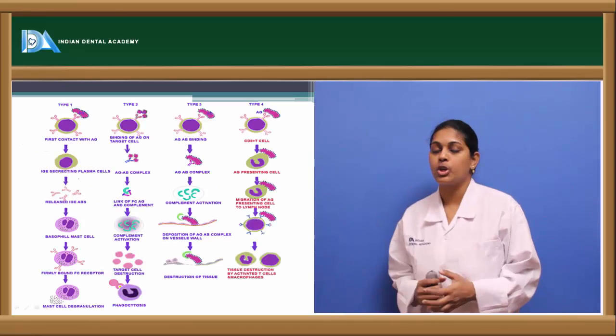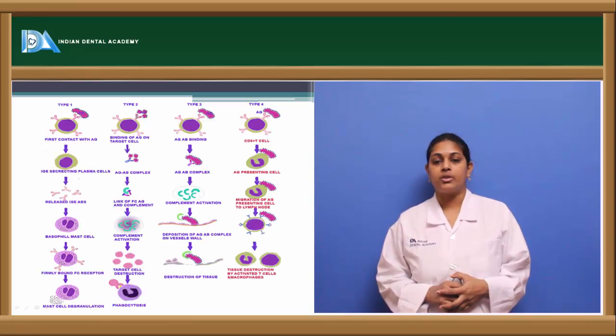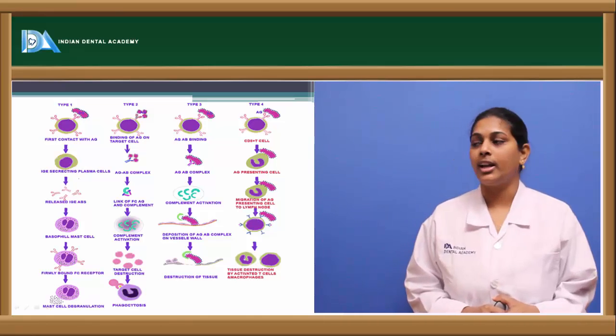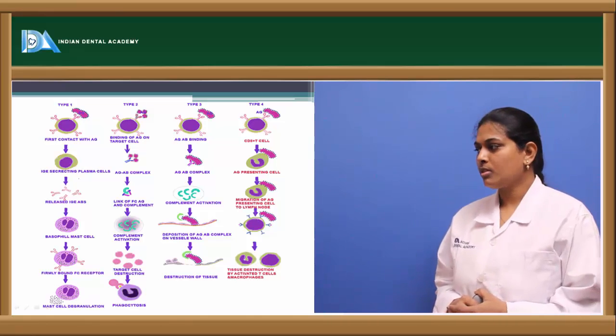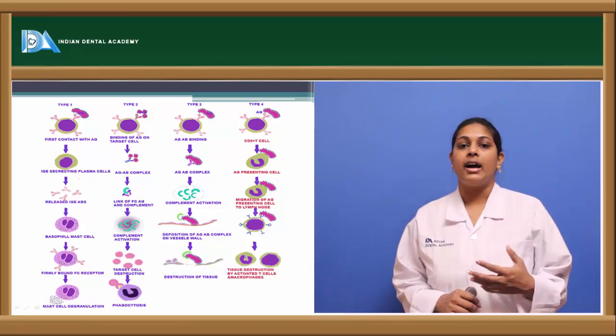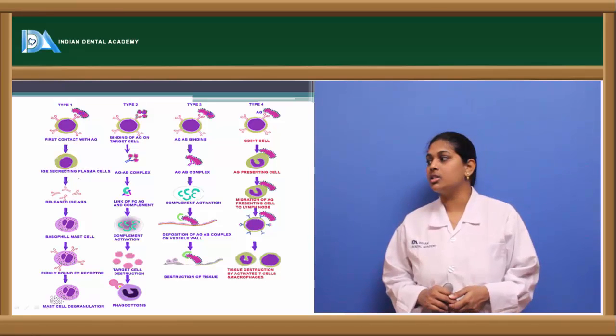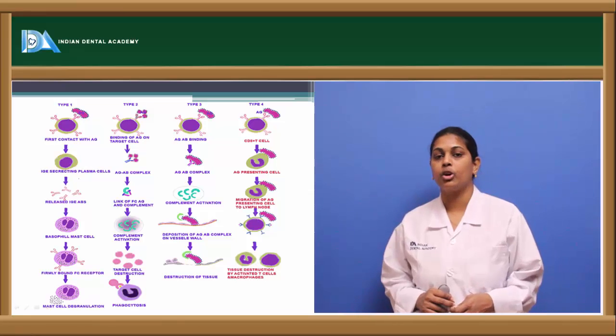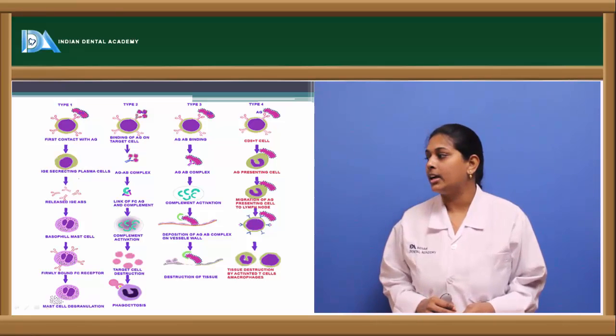Coming to a brief description of the four types of hypersensitivity reaction: type 1, type 2, type 3, and type 4. The first one is an immediate type of hypersensitivity reaction, also known as anaphylactic or atopic reaction. It is mediated with the help of a particular immunoglobulin known as the immunoglobulin E antibody.